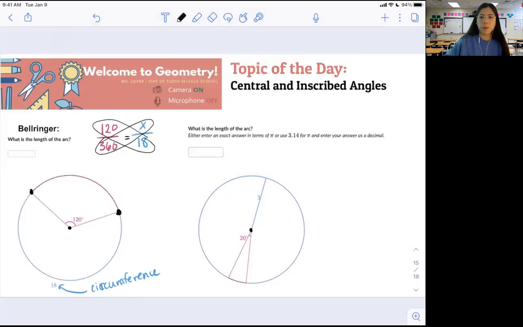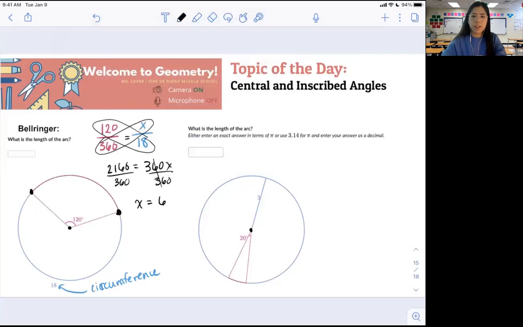So what do I get? 120 times 18, 2,160 equals 360x. Now we can just divide, and what do we end up with? 6. Good.